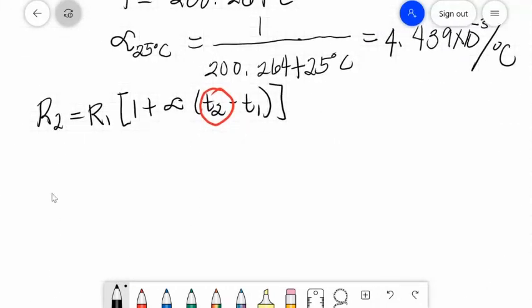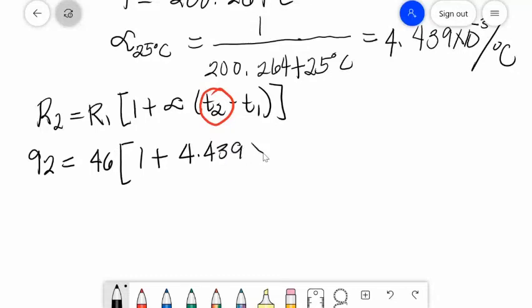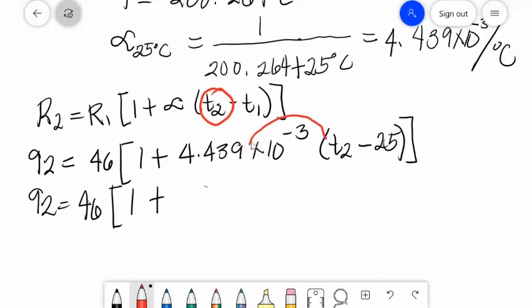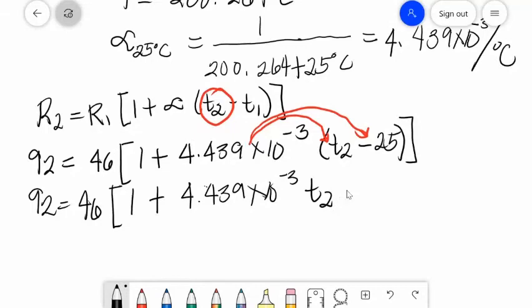R2 is equal to 92, equal to 46 multiplied by 1 plus 4.439 times 10 raised to negative 3 times T2 minus T1, which is 25 degrees Celsius. 92 equals 46 times 1 plus, so distribute: 4.439 times 10 raised to negative 3 T2 minus 4.439 times 10 raised to negative 3 times 25, so that is 0.111.